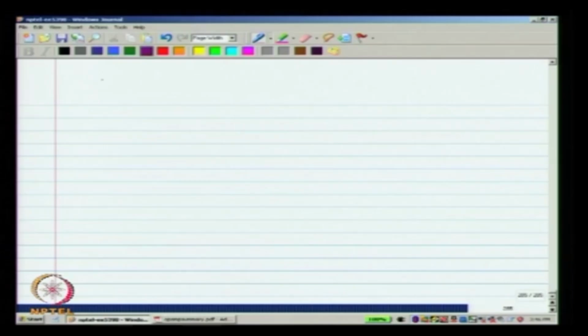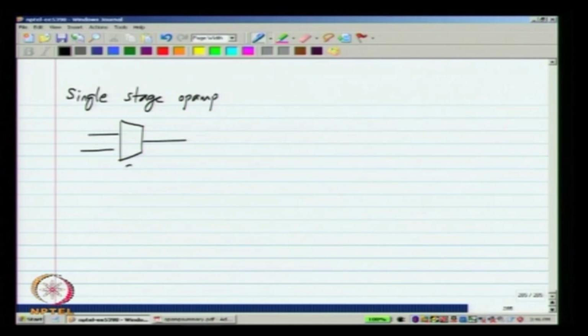What did we have? We have a single stage op amp of some gm1, and this is just the differential pair. It has some go1 and the DC gain is of the order of gm by gds of a single transistor.